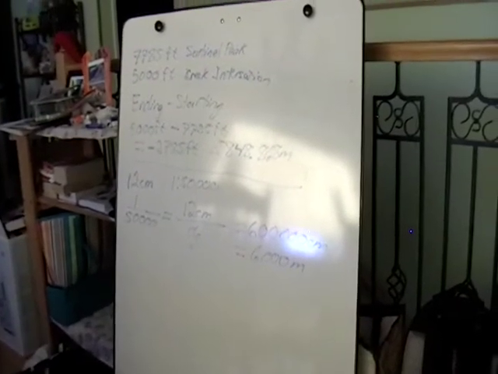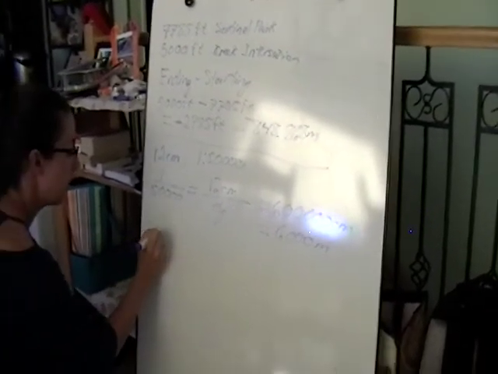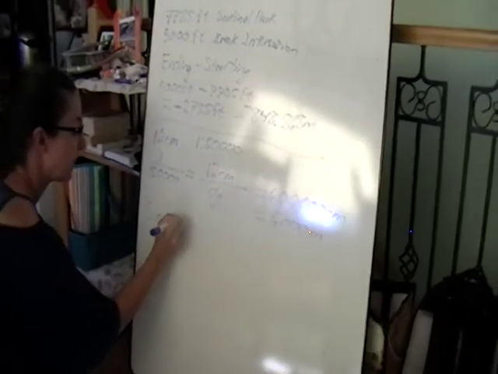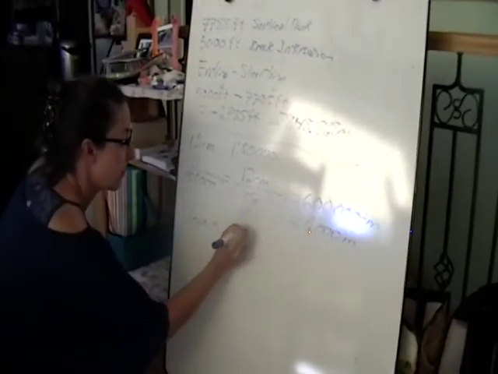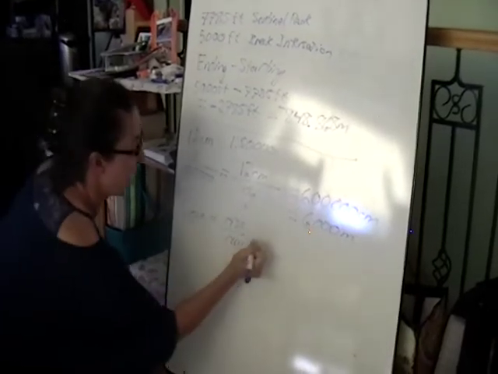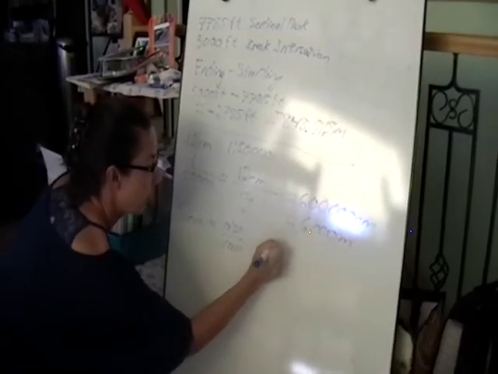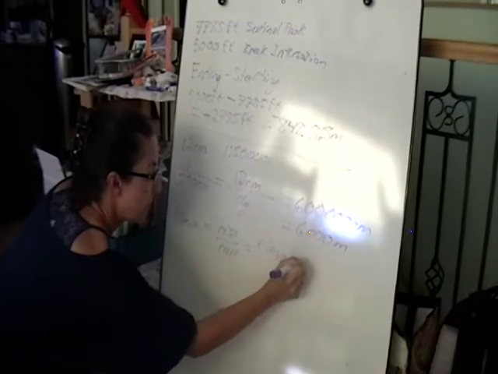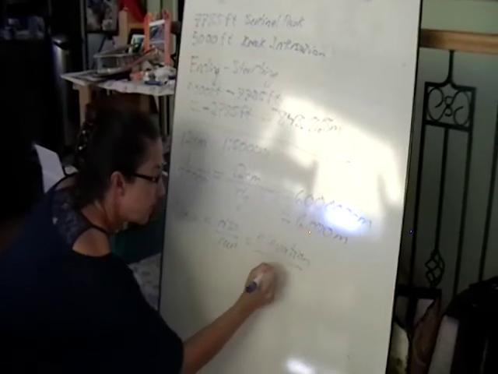Using that, we now know that slope equals rise over run, which is my elevation change over my ground distance.